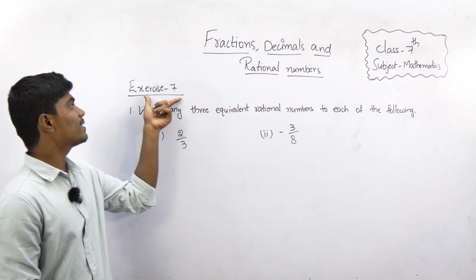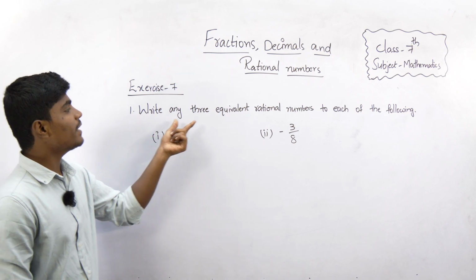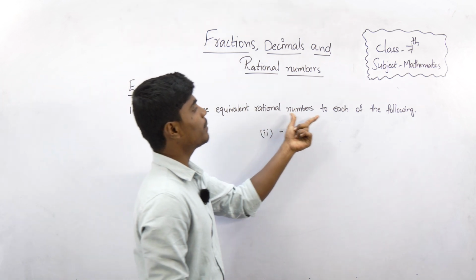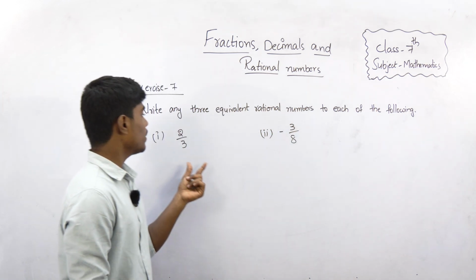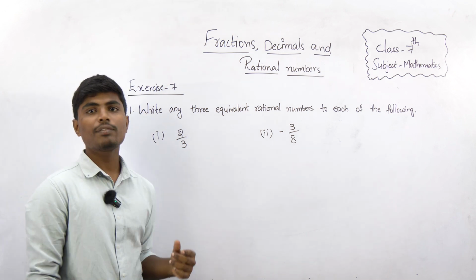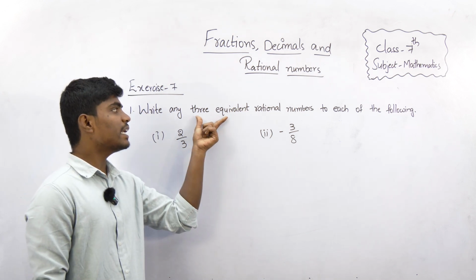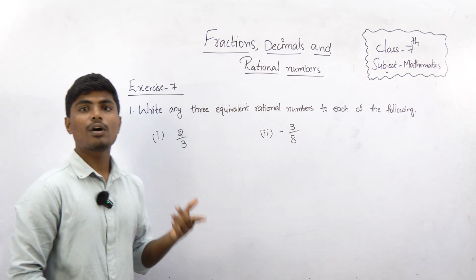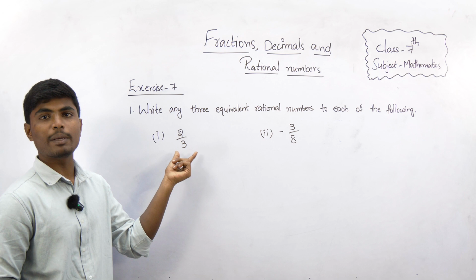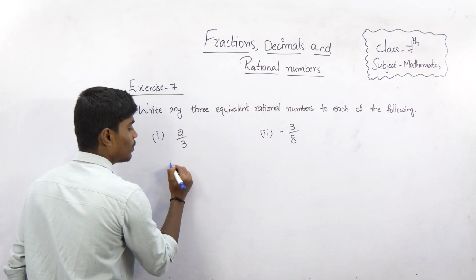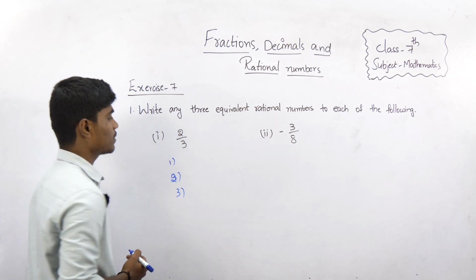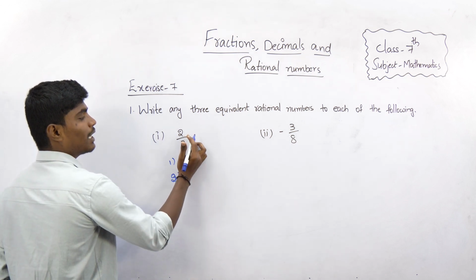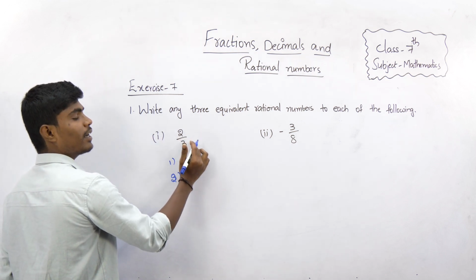Now in exercise 7, first problem: write any three equivalent rational numbers to each of the following. Here he gave two rational numbers and we have to write three equivalent rational numbers. What are equivalent rational numbers? On simplification, we should get the same number. First one, let's multiply numerator and denominator by 2.